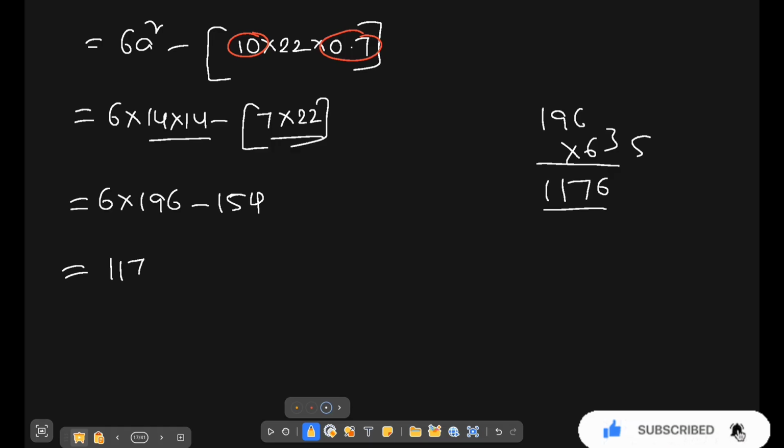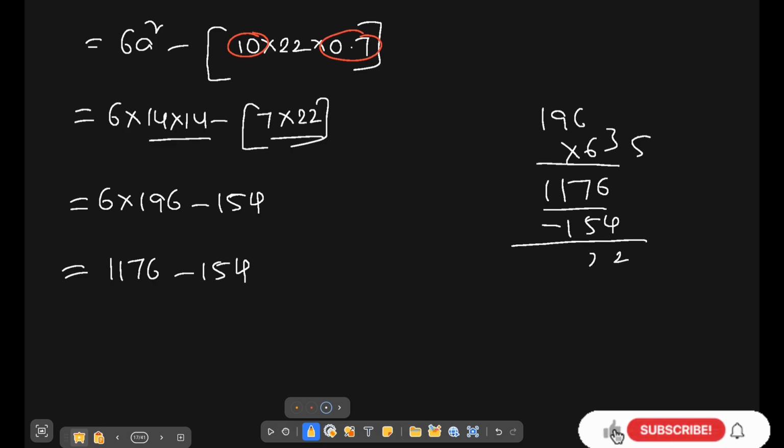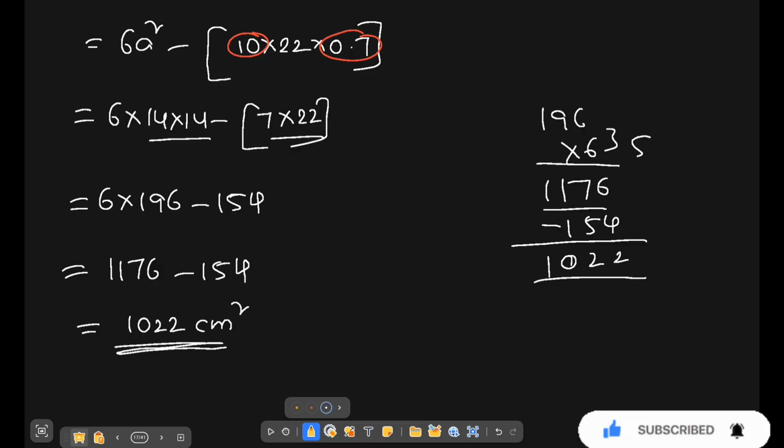So 1176 minus 154 equals 1022 centimeters squared. So this is the surface area of the remaining solid.